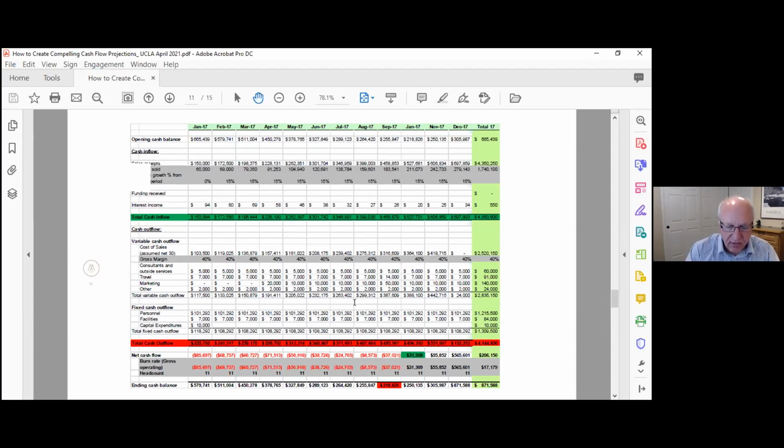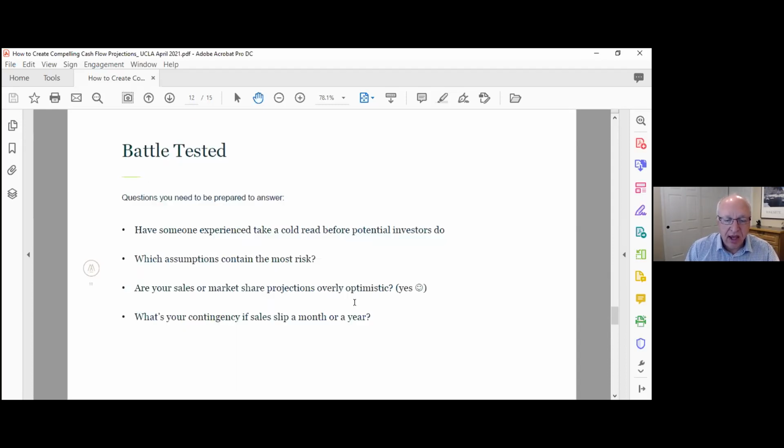All right, let me see here. Yeah, I think we covered all the things that are examples of what I consider showing a clear format. And so once you've built your cash flow, I think this is maybe the most important part. I call it battle testing it.